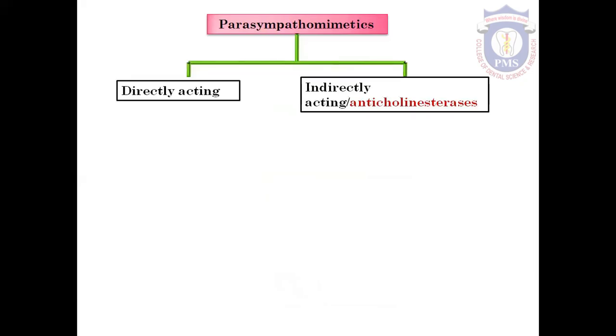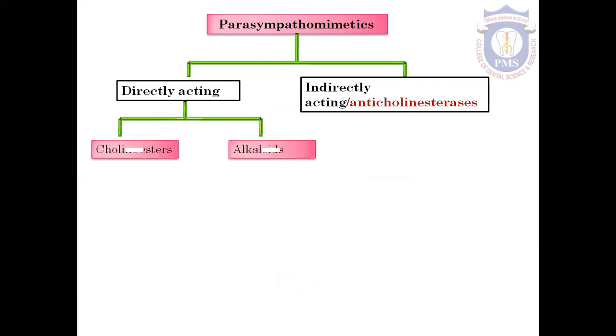Classification of parasympathomimetics. They are classified into directly acting agents and indirectly acting agents or anticholinesterases. Directly acting agents bind to the corresponding receptors and produce cholinergic activity. The agents can be choline esters like acetylcholine, bethanechol, or carbachol. Some of these agents are alkaloids, which include pilocarpine and muscarine. The indirectly acting agents are anticholinesterases.